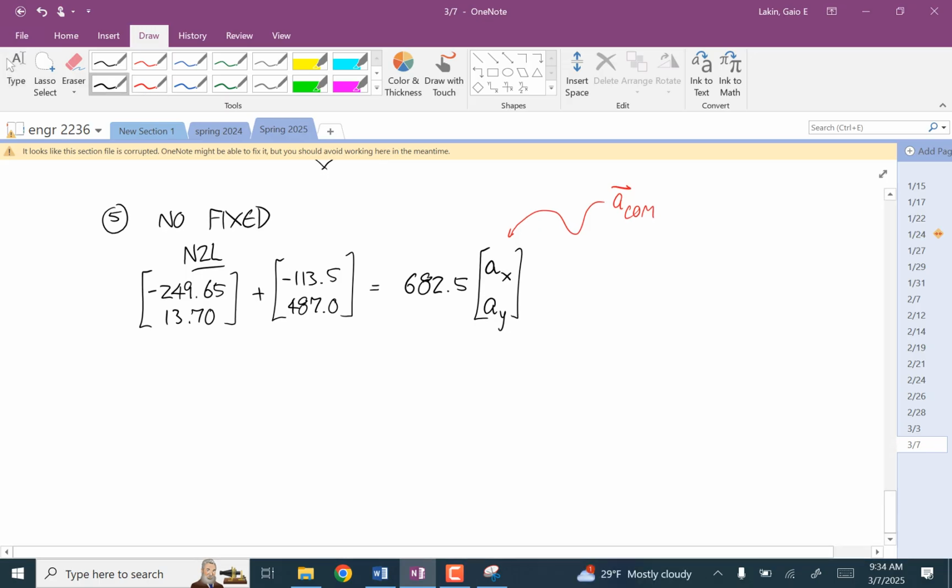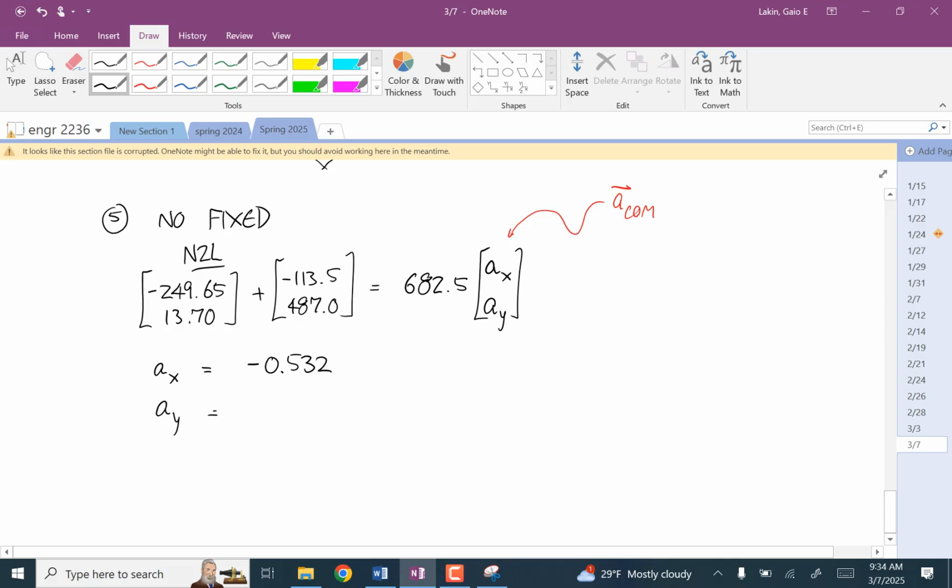So we can use that to calculate AX is equal to negative 0.532.